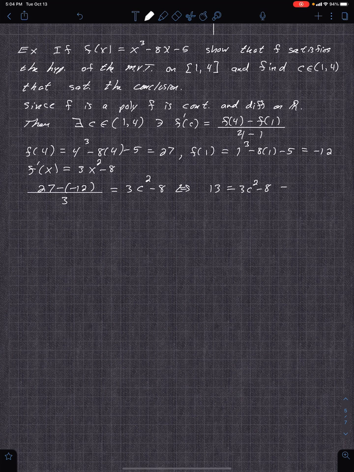All right, so that gives us 21 is 3c squared. So c squared is equal to 7. So c is equal to plus or minus the square root of 7.